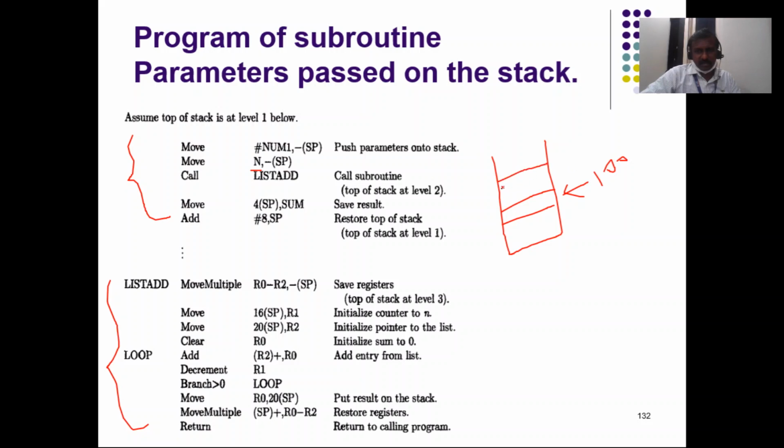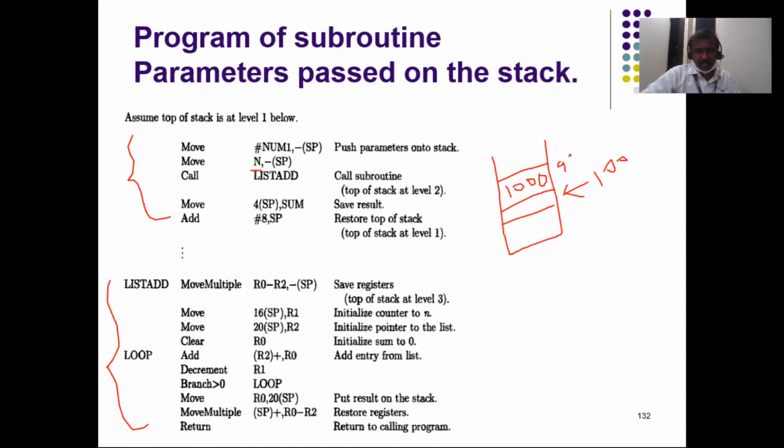Hash num1 comma minus SP means the address of num1, because hash gives the immediate value, it doesn't give the content, is moved to minus of SP. Minus of SP means 100 minus 4 is 96.